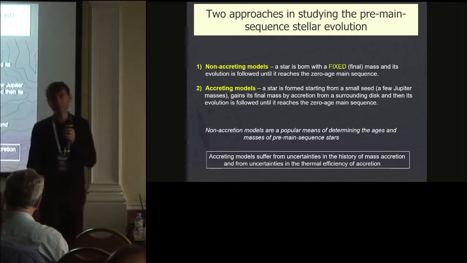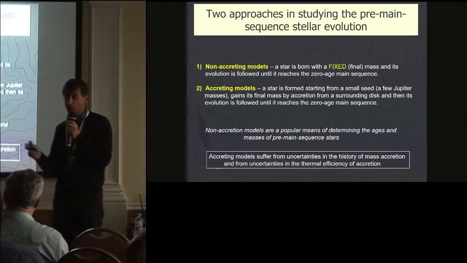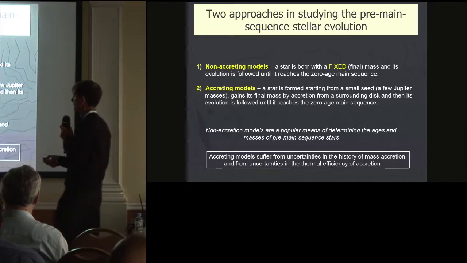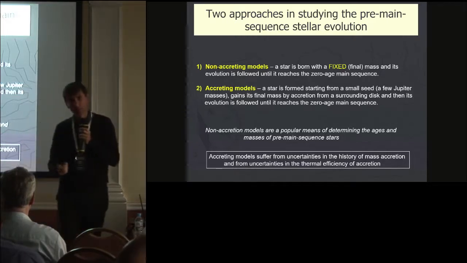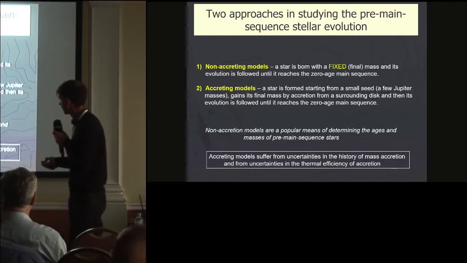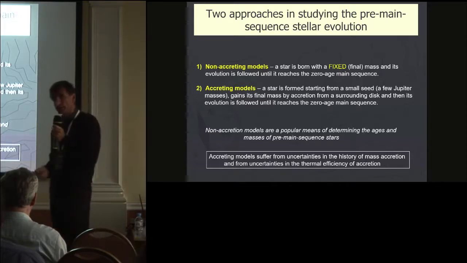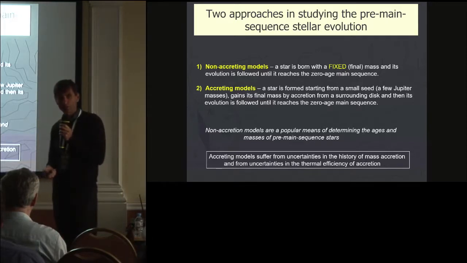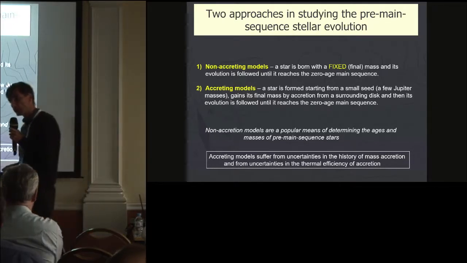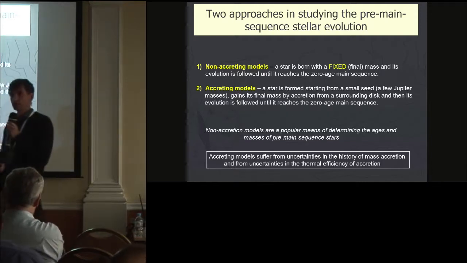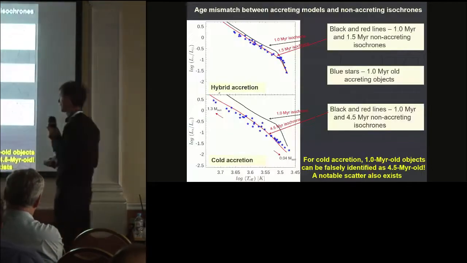Stars are born from a seed, which is about 5 Jupiter masses. Nobody knows how big it is. But the star is born very small, and then it accretes mass. If you try to calculate these accreting models, you'll see that your results may differ from the non-accreting models of stellar evolution.